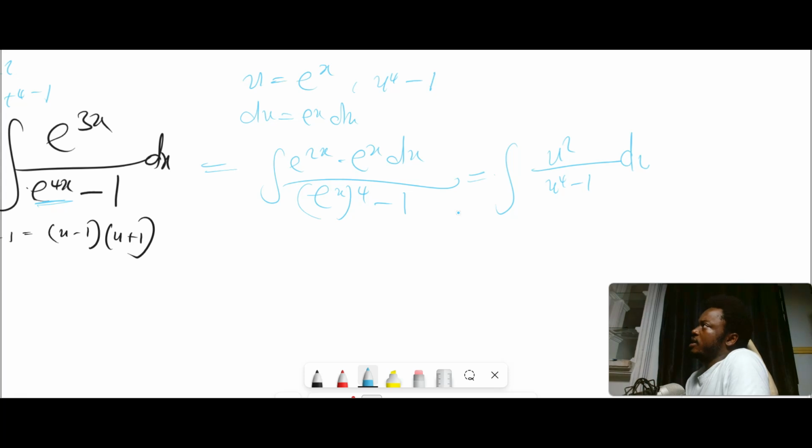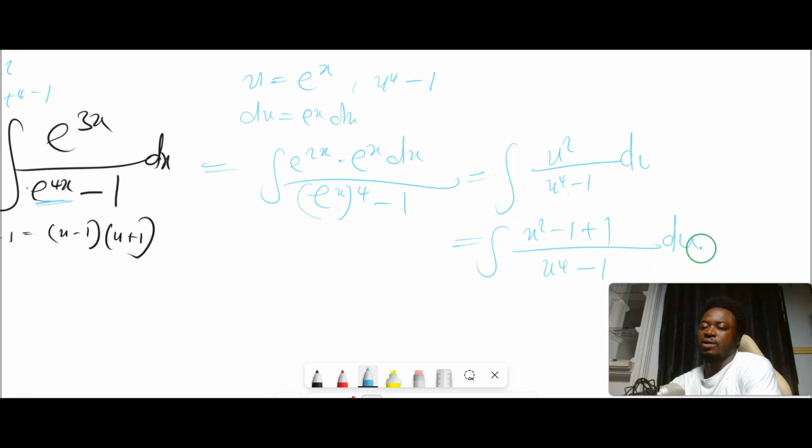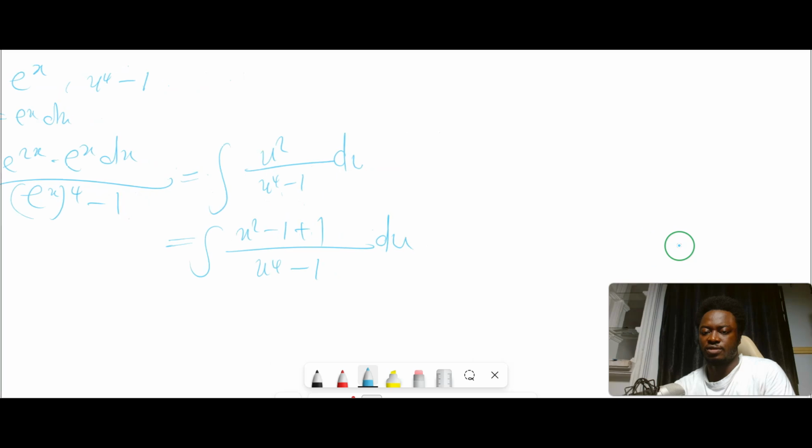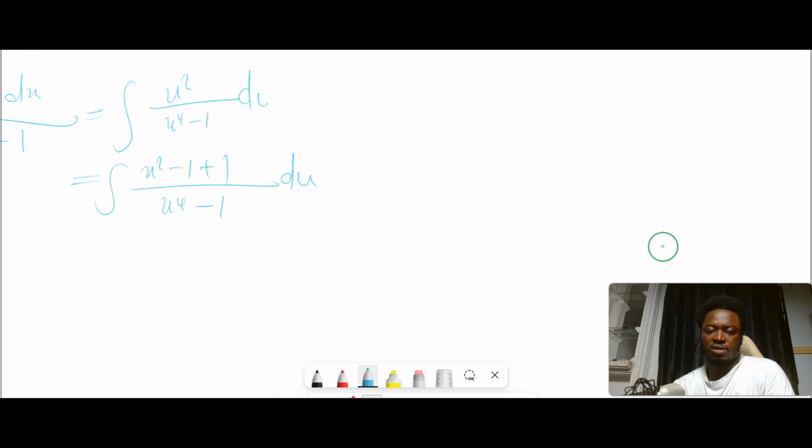So all we need to do now is to look for partial fraction decomposition, and how do we even handle that part? Well, we could write this as the integral of u squared minus 1 plus 1, all divided by u to the 4th minus 1 du. So let's continue our mission. So what's next?